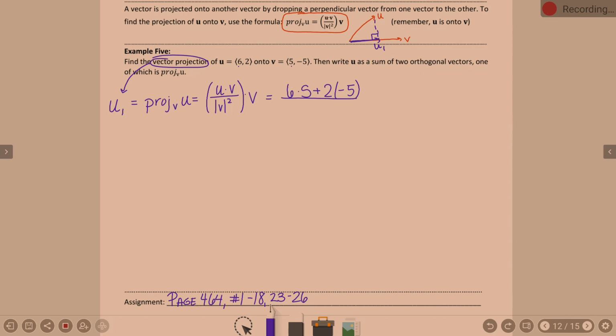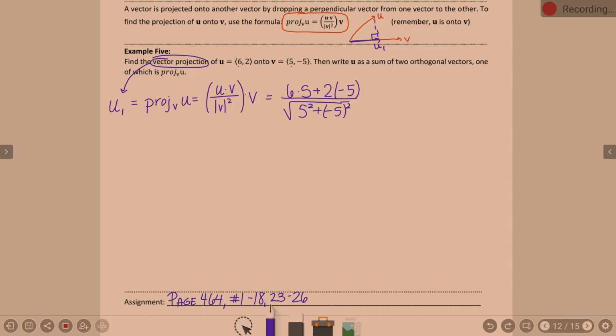How do I do the magnitude? And that is a v, sorry. How do I do magnitude? V is equal to 5 squared plus negative 5 squared. To do magnitude, or absolute value, remember it's the square root of v1 squared plus v2 squared. So square root of 5 squared plus negative 5 squared.